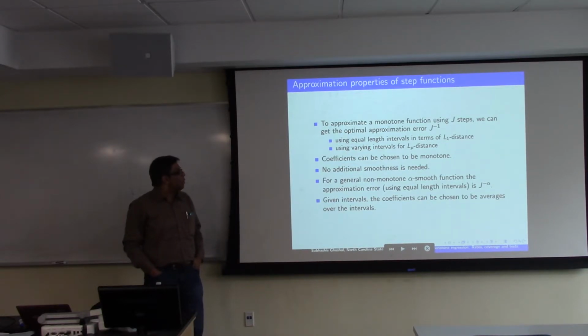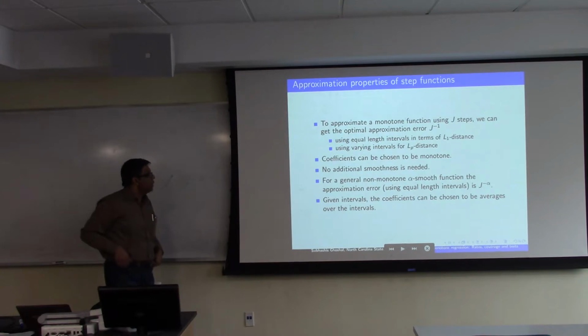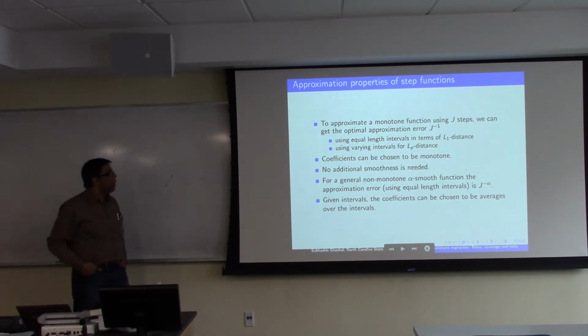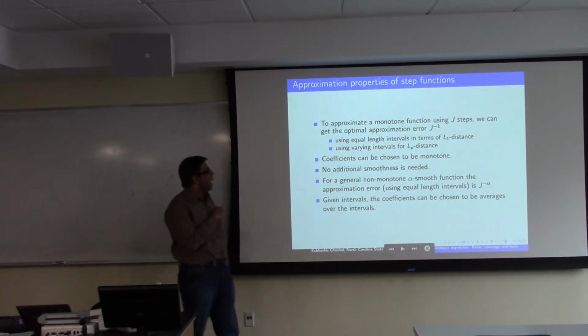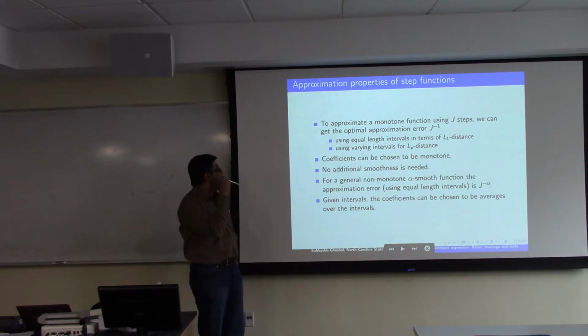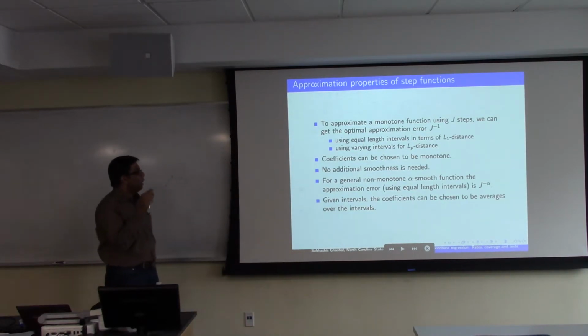In order to achieve the 1 over J rate, you have to allow varying length intervals. Okay, and that has a consequence, we'll see that in a moment. So whether you measure accuracy in terms of L1 or Lp will determine how complicated a method you have to use.